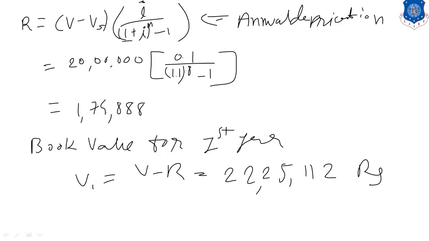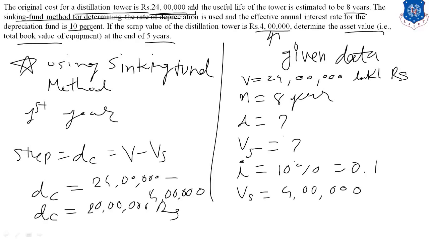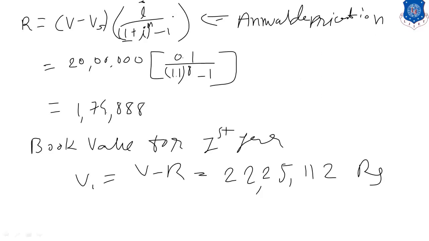So this is the cost of the distillation column at the end of 1 year. At the start, its cost is 24 lakhs, whereas at the end of the first year, it becomes 22 lakh 25,112 rupees.